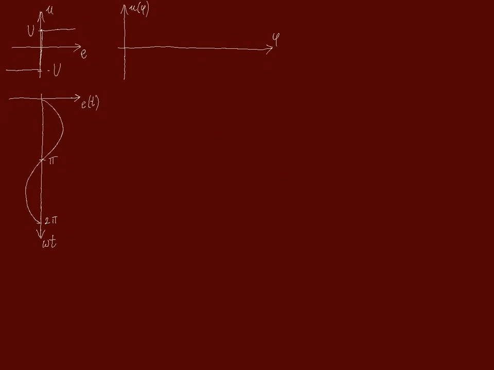Also, on this graph, we are drawing for the range from 0 to 2pi, and for each angle of the signal e of t, we look at what value u this signal is put on.